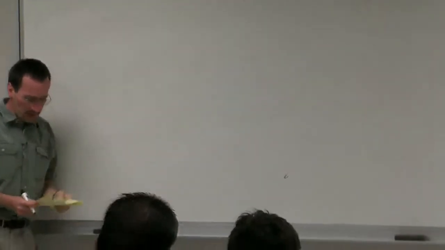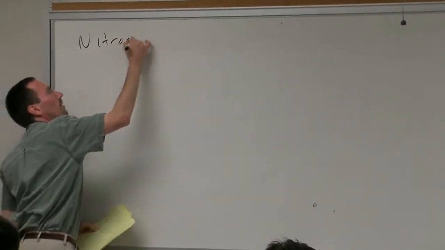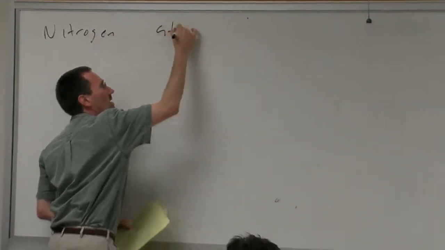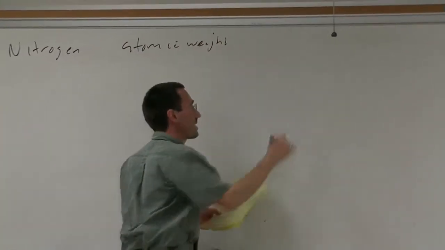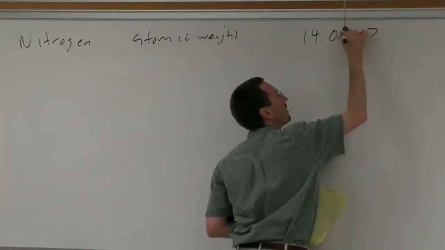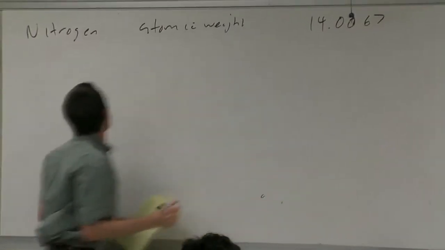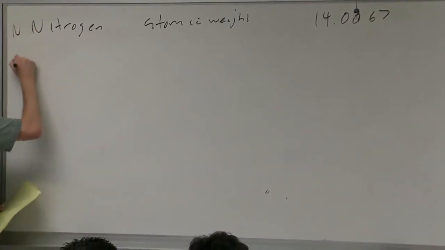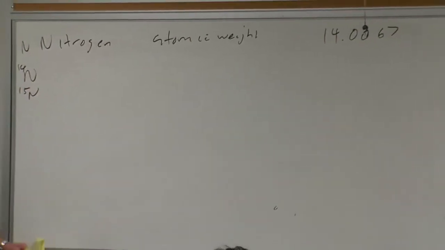Other common elements that you encounter in organic compounds: nitrogen, the atomic weight is 14.0067. And yet nitrogen, N, is a mixture of N14 and N15.